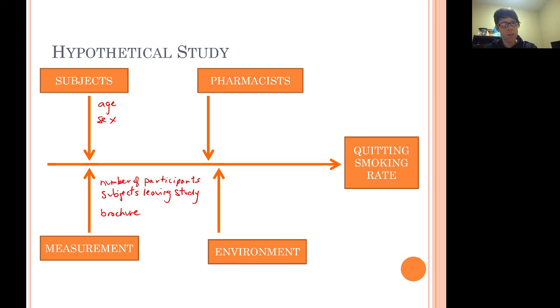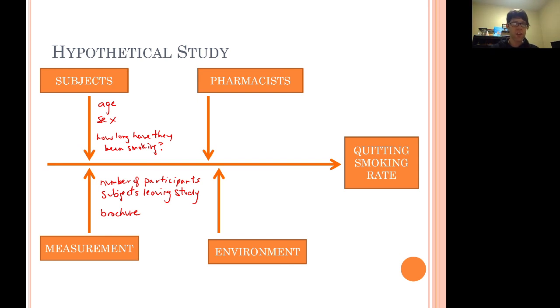And something like I said before, I think the length or the amount of time they've been smoking is really important. Right? Because certainly it's going to be a lot easier for them to quit if they've only smoked one cigarette in their life. Now, there's lots of other stuff when it comes to the participants that could have an effect on this smoking cessation rate.